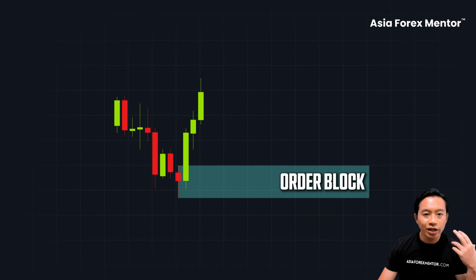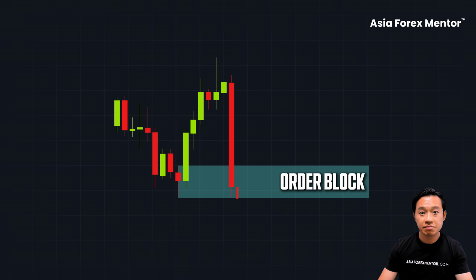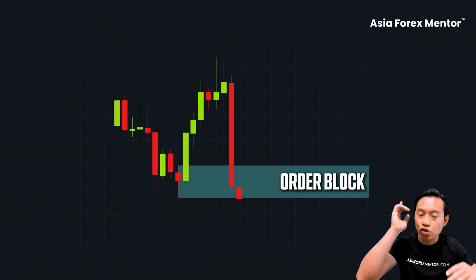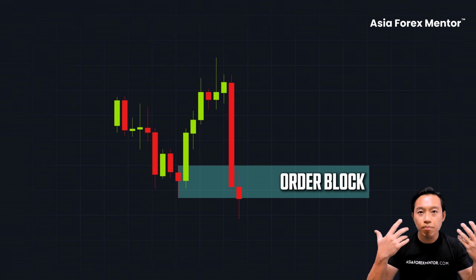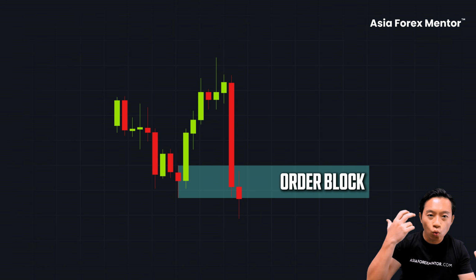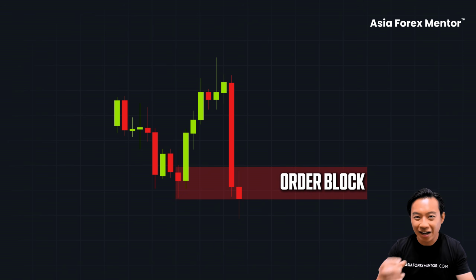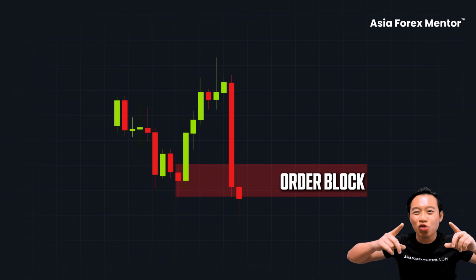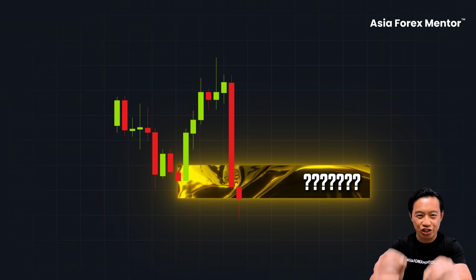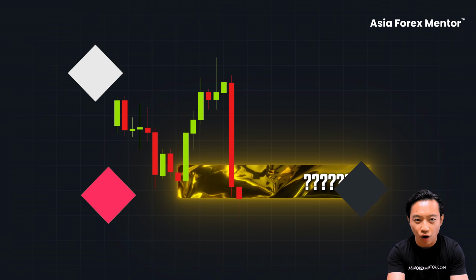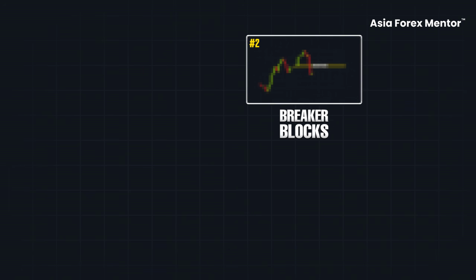Now, when an order block fails, does it fail? It does. Not all order blocks are going to hold all the time. The market moves. So when an order block fails, it doesn't die. It mutates into one of the most powerful weapons in trading. That is the essence of breaker blocks.